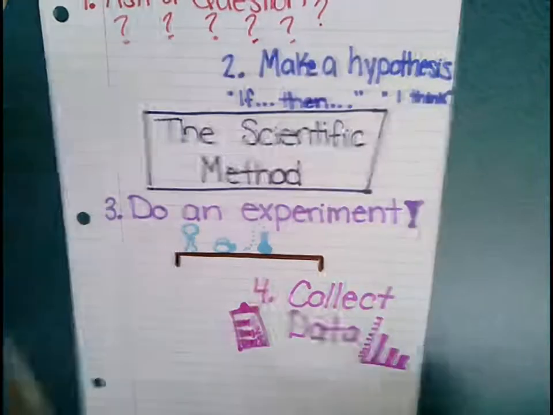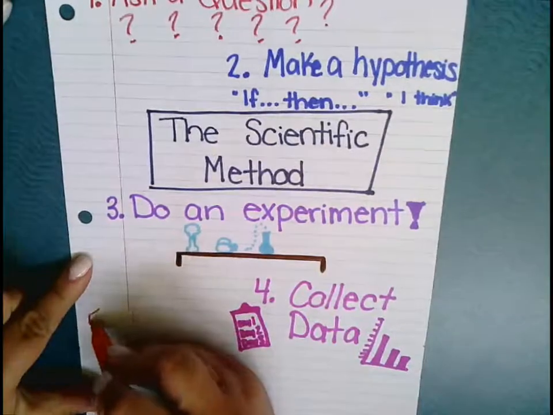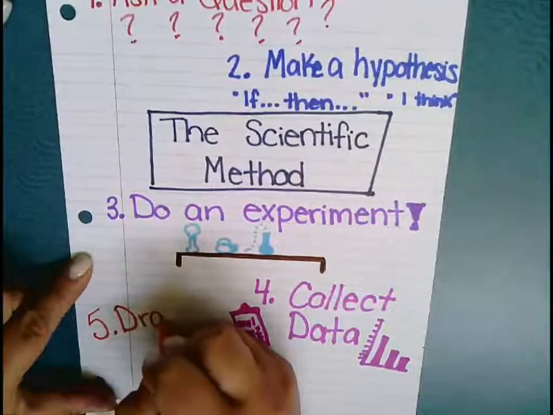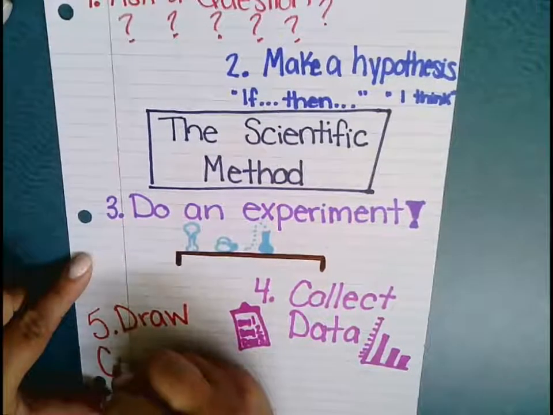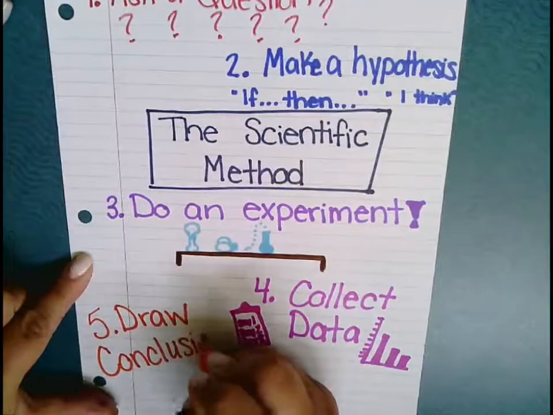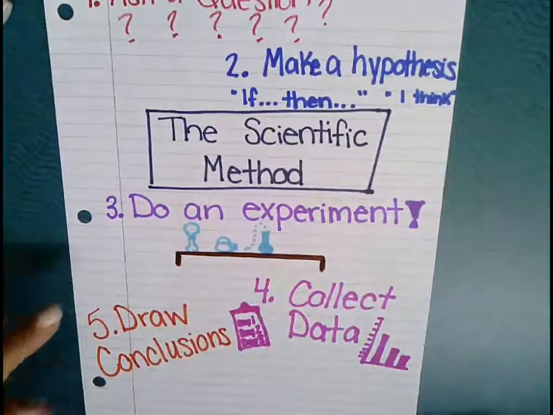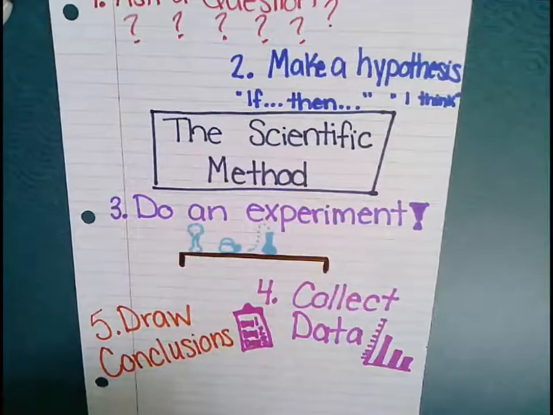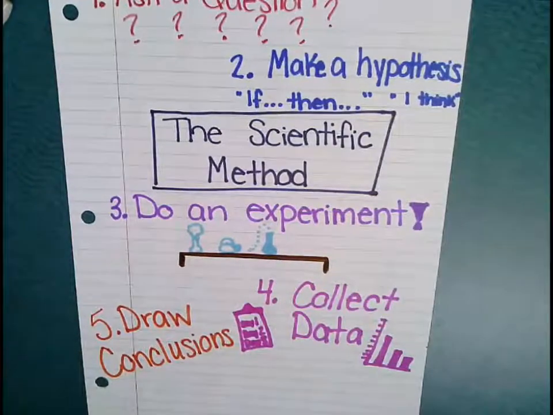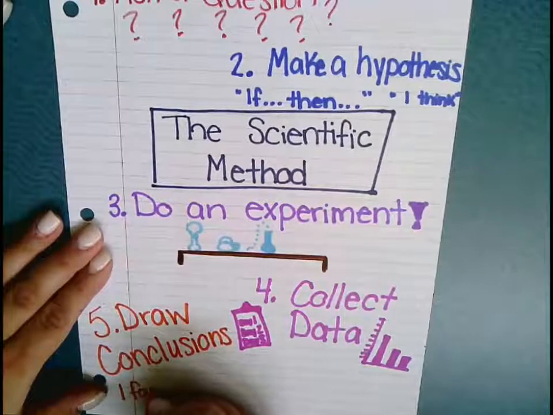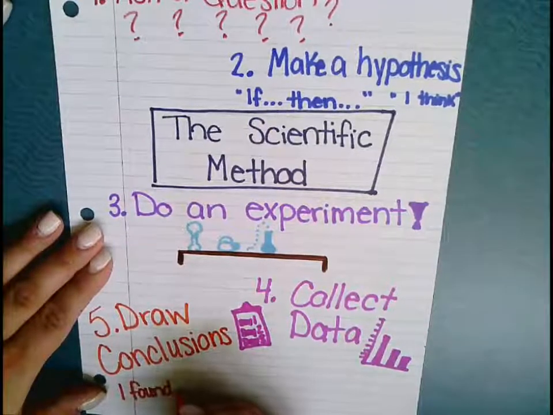And then my final step, my fifth step for the scientific method, is I'm going to draw conclusions. This is where I report my results, what I actually learned or what I found out. So I might say I found, then I'm going to put dots.